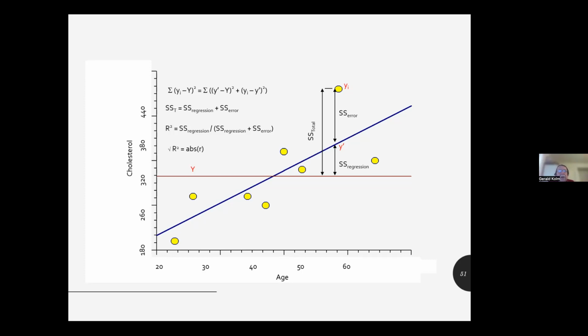And whether the correlation itself is actually positive or negative would depend on which way the line slopes here. So here we have a positive slope: as age is going up, so is cholesterol. If it was the other way around, cholesterol going down and age going up, then the correlation would be negative. So we don't really know the direction here from doing our regression analysis, but the square root of the r squared will give us the absolute value of the correlation.